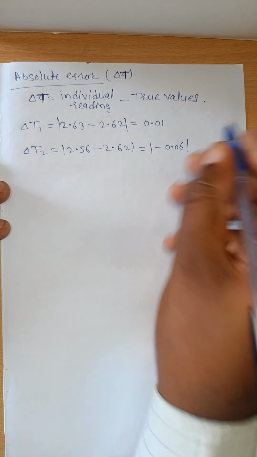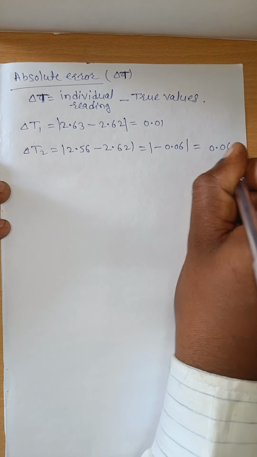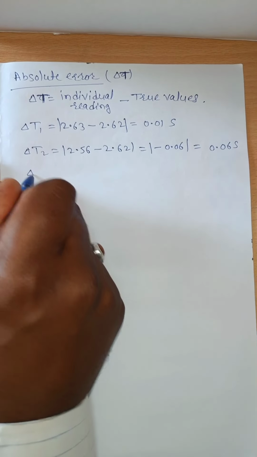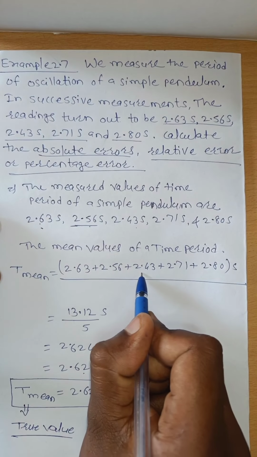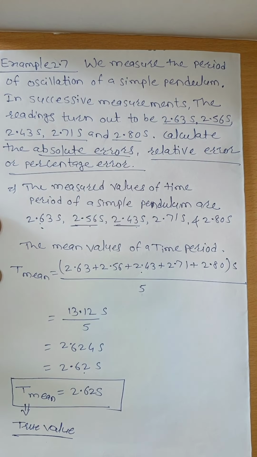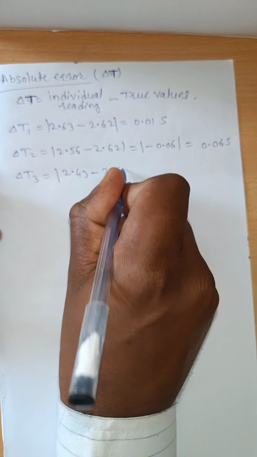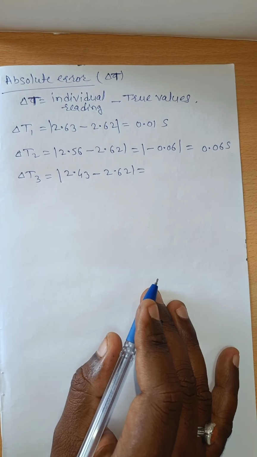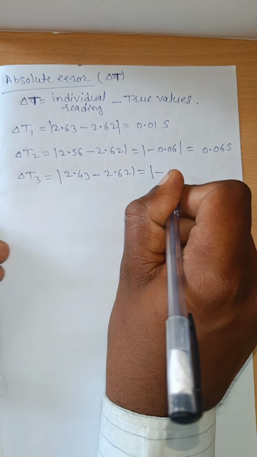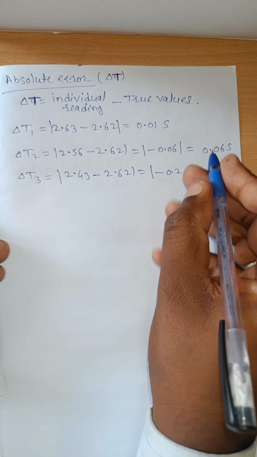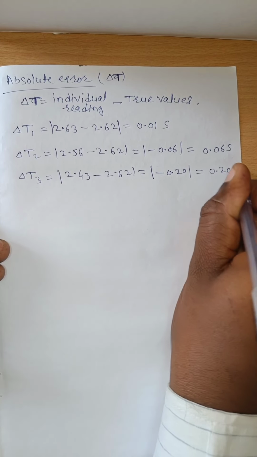You have to convert that minus into plus, since it is a mod, so delta T2 is 0.06 seconds. Now delta T3 is the third individual reading, 2.43, minus 2.62, which is minus 0.19, the mod of which is 0.19 seconds.